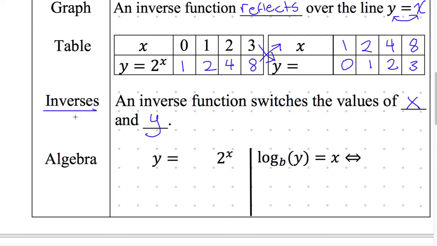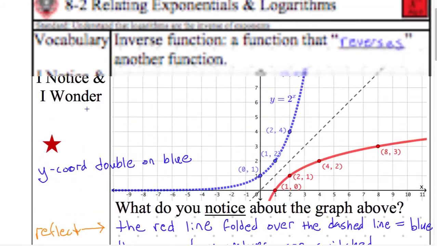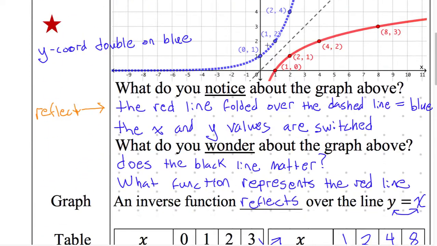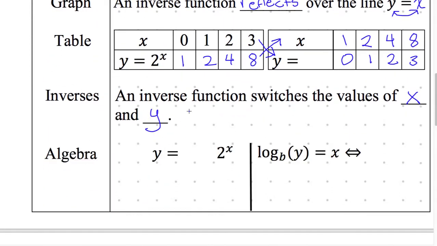This is a second definition of an inverse, by the way, because we already defined it up here. We said it just reverses the function, and it also just switches the x's and the y's. So I'm going to switch the x's and the y's. Instead of a y, this is now, shout it out, instead of a 2 to the power of x, this is 2 to the power of y. There it is. Write it down. This is now the inverse function. Give yourself room, just like I did, because we're about to do something special.